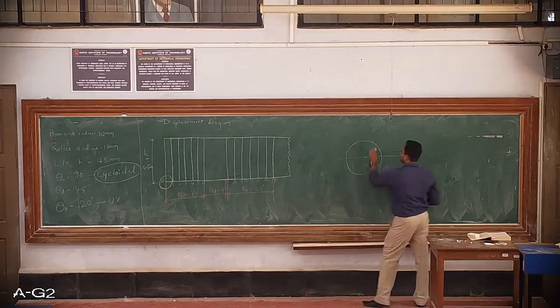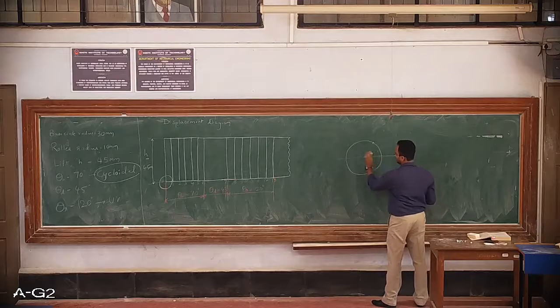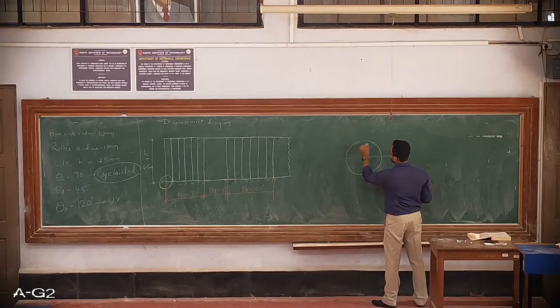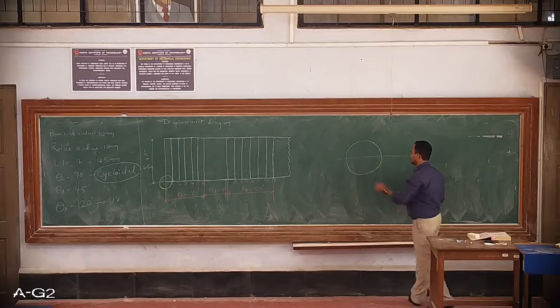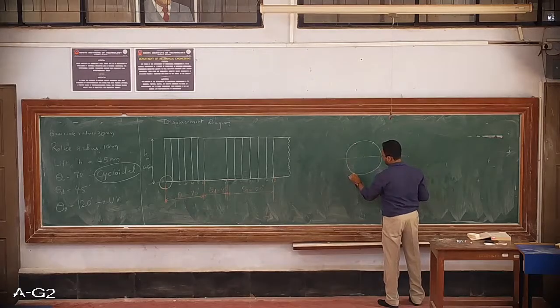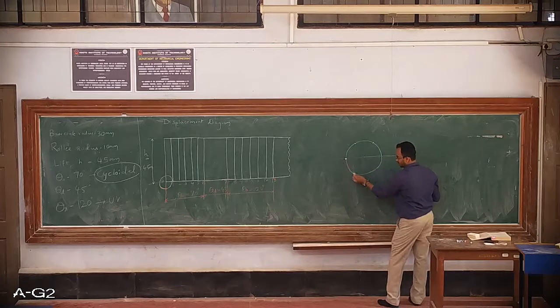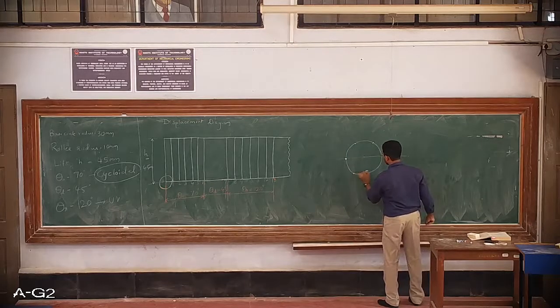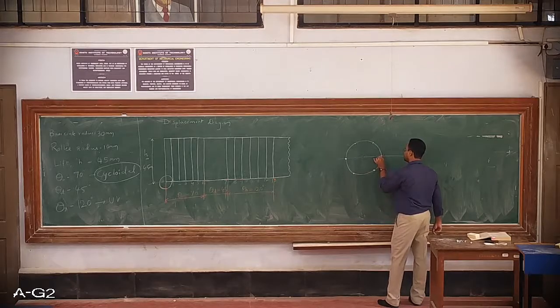So this is the first division at 60 degrees. Second division will be at 120 degrees over here. Third division at the horizontal line, 180 degrees, plus again 60 degrees, you will get it here. And this will be the last.